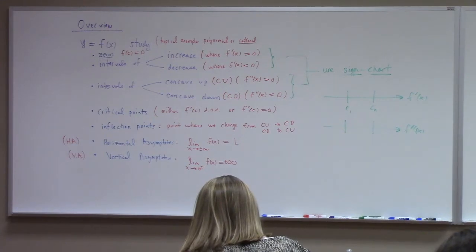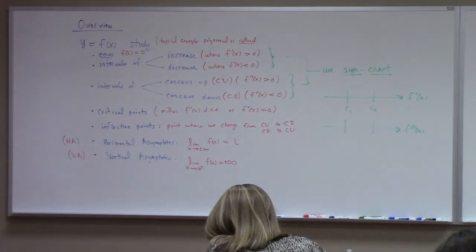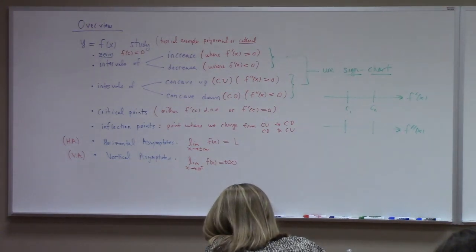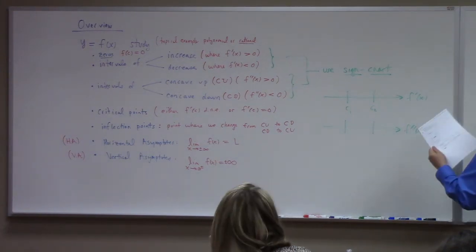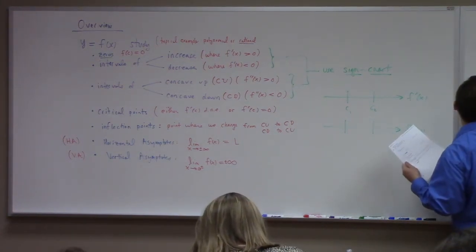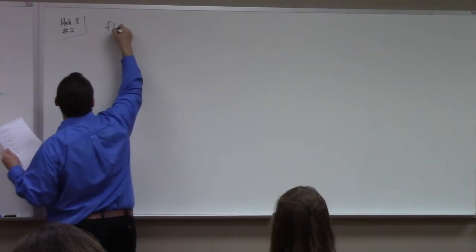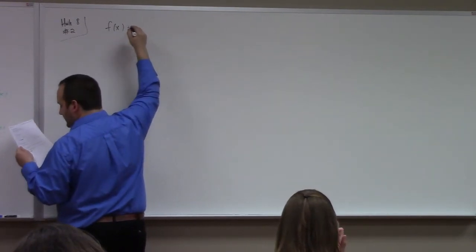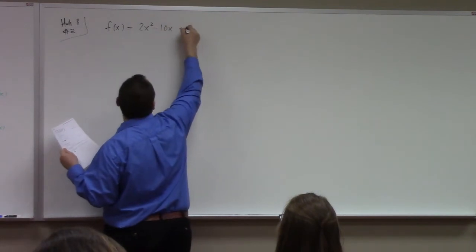Homework 8, number 2. For me, I've got f of x is equal to 2x squared minus 10x plus 8.